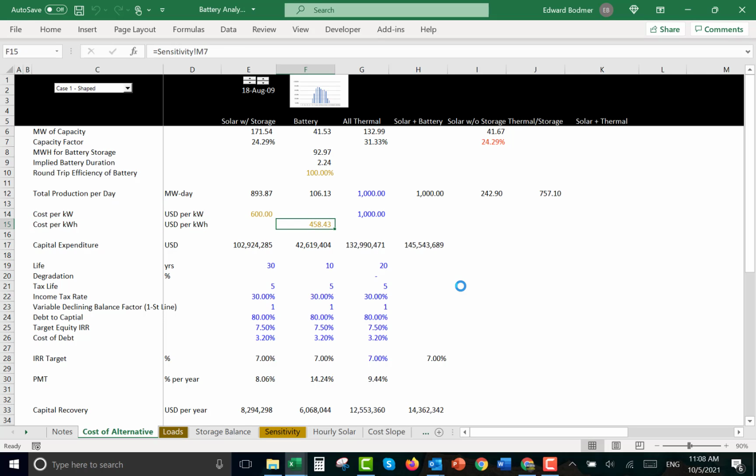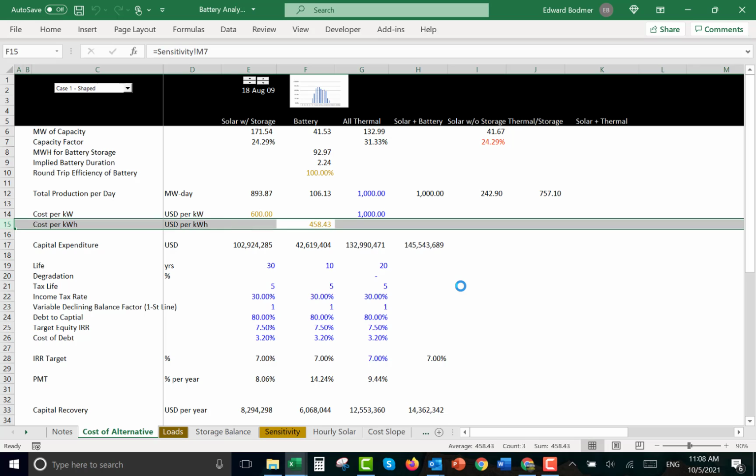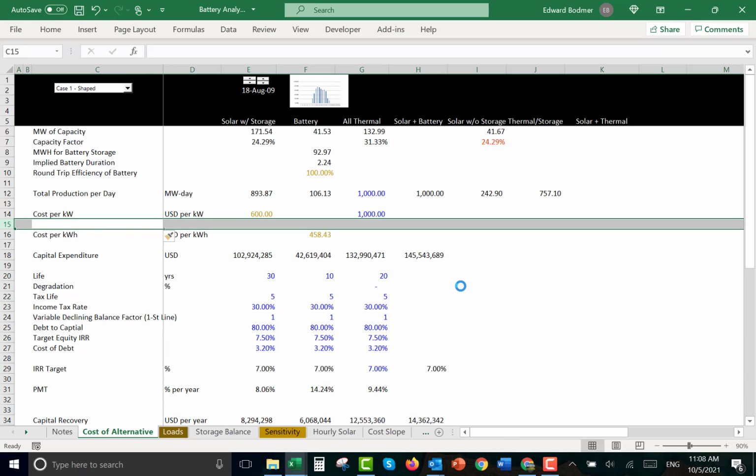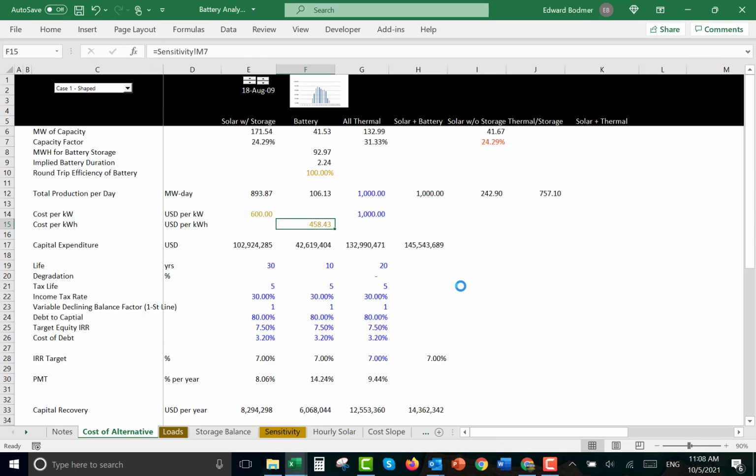Okay, and then when we get to the battery cost, well, let's put number one, a battery sensitivity. And no, I'm going to do it like this. Sorry about changing my mind in the middle.